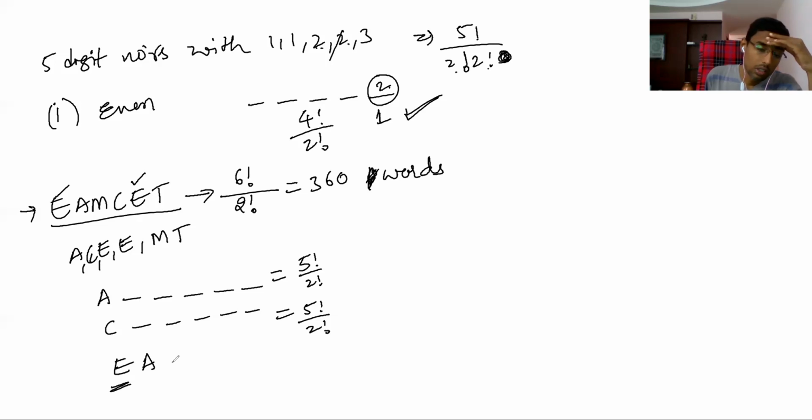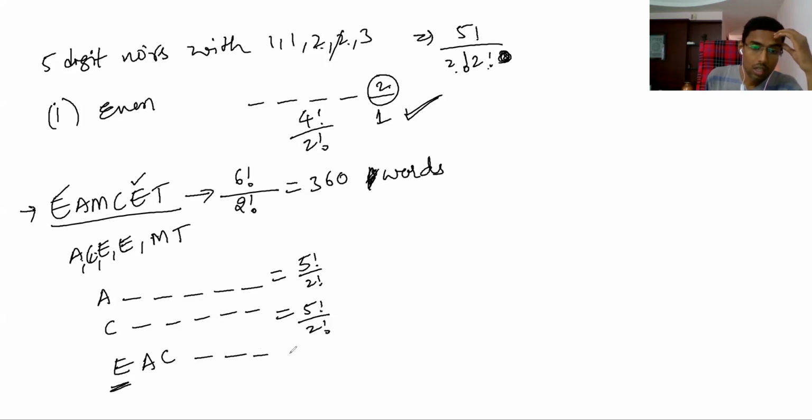Then EA. How many words start with A? 4 factorial, 24. In that the word is there. After getting E and A, I want EAM. But before EAM comes, EAC comes first.